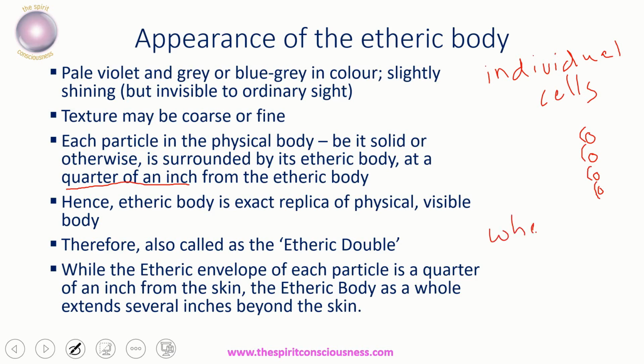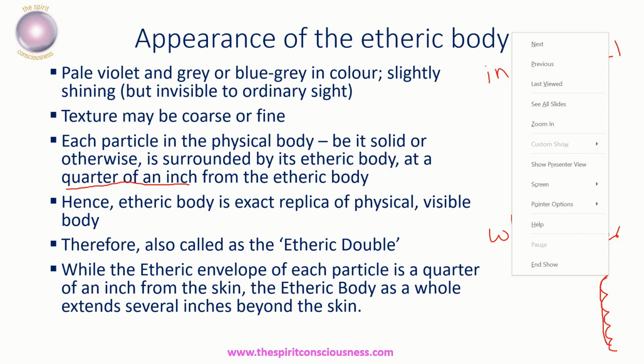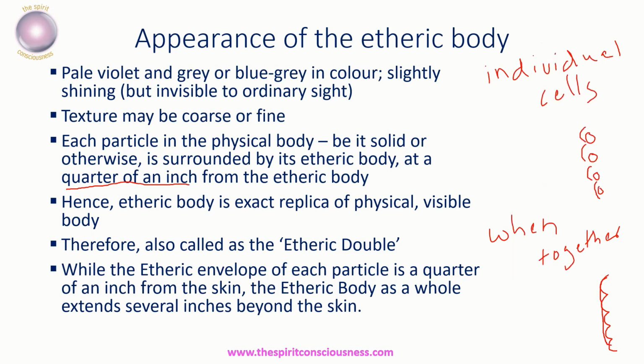When together, let's say I have combined all the physical cells over here into a single whole. So for sake of clarity, like this, the etheric body over here will be over here. So if I consider these as the cells, individual cell, this is a quarter of an inch away, and when all together, the etheric body is a few inches away.